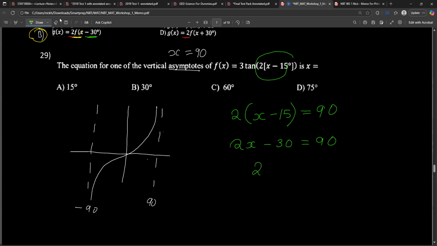So you get 2x equals 120, and when you divide both sides by 2, you get x equals 60. And that's the answer.